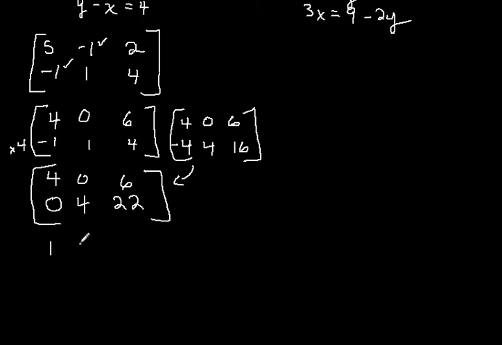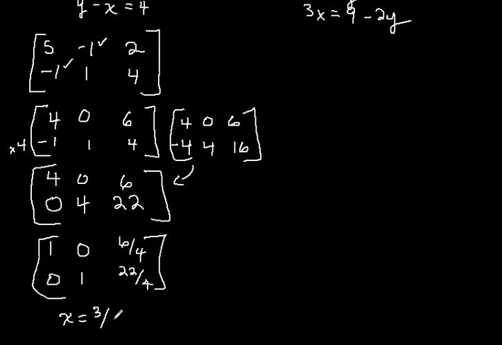So I get 1, 0, and then it would be 6/4 if we don't reduce it. And then we get 0, 1, and 22/4 if we don't reduce it. And finally, we can get our answers. This would be x equals 3/2, and y equals 11/2.